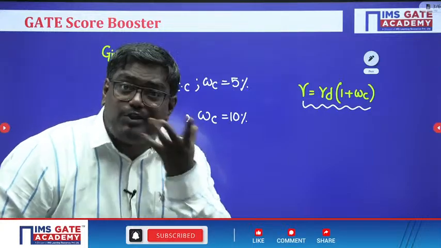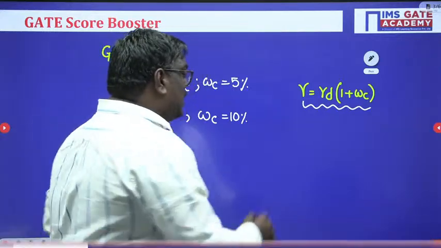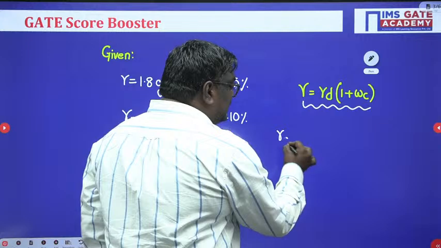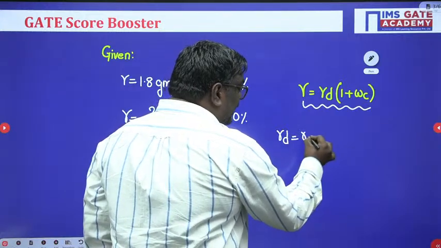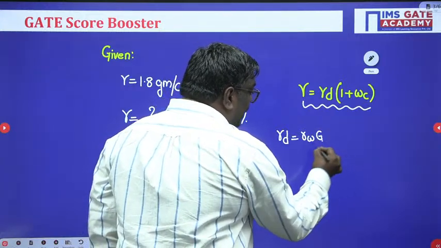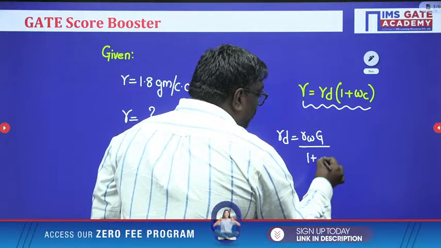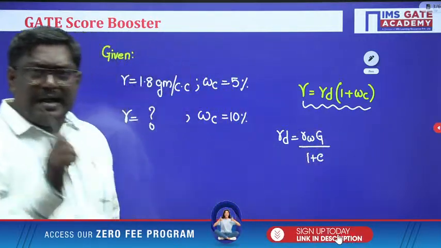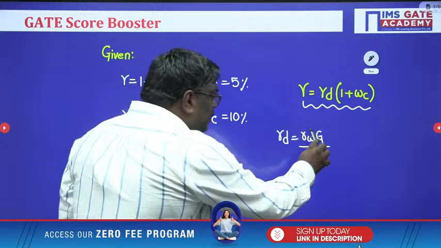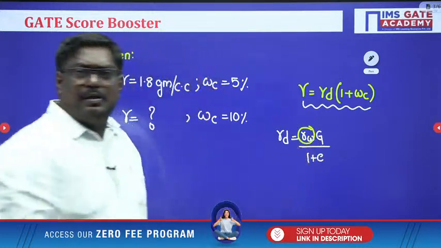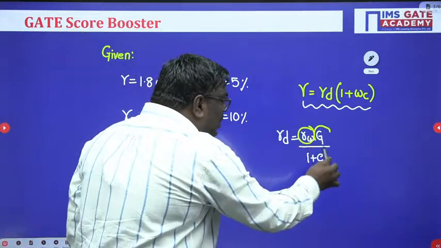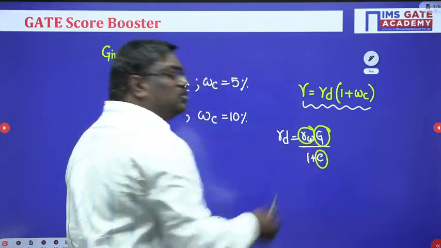When the void ratio is constant, let me tell you, gamma d is equal to G gamma w upon 1 plus e. Unit weight of water is constant, specific gravity is constant, void ratio is also constant.